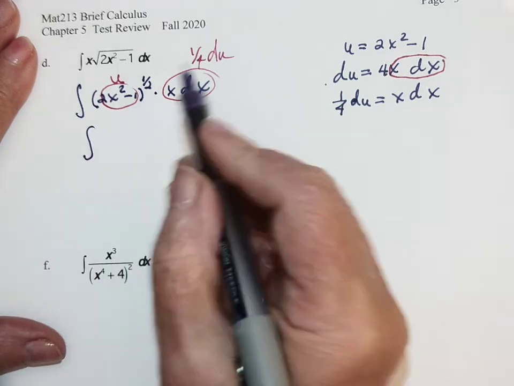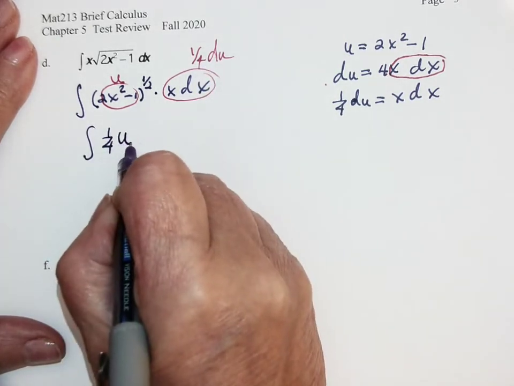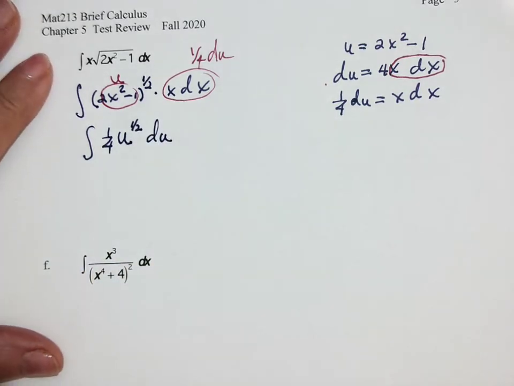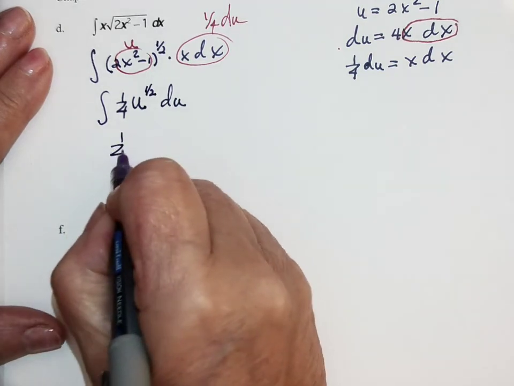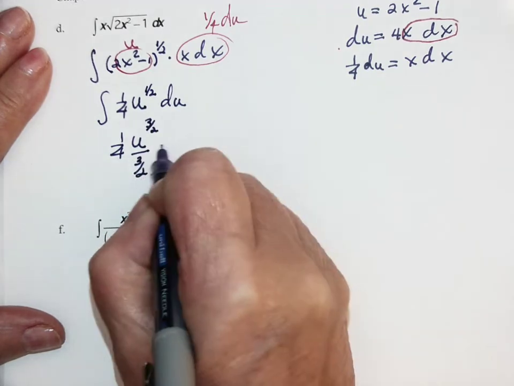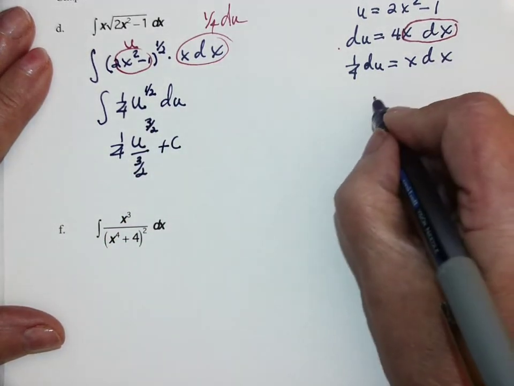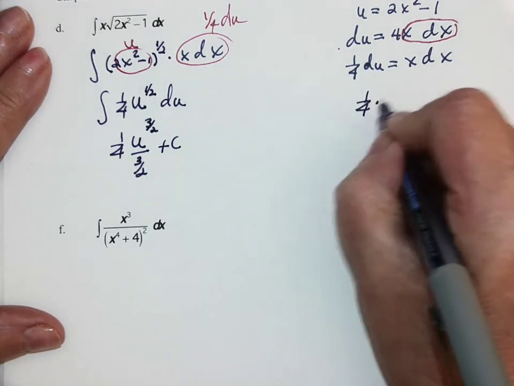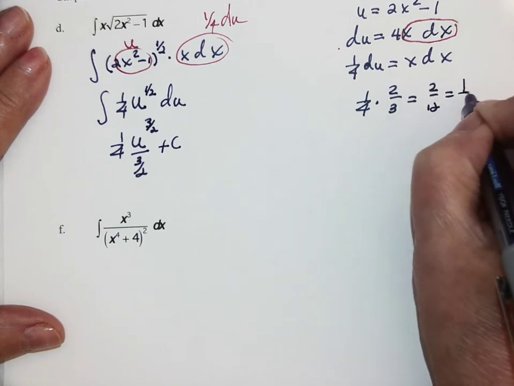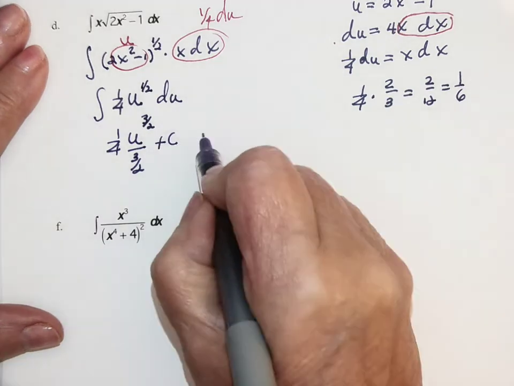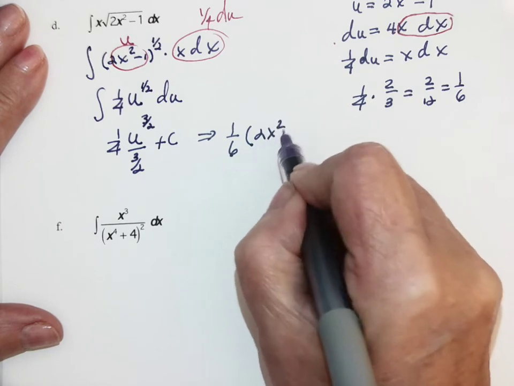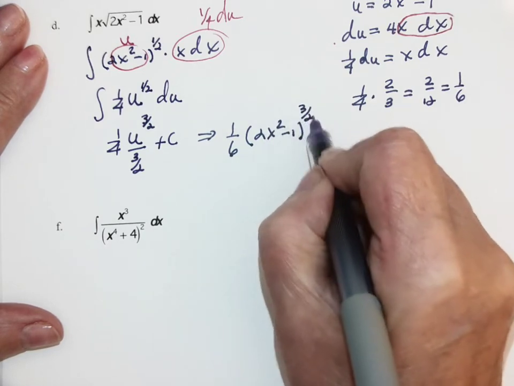So this becomes the integral of 1/4 u to the 1/2 du, which is 1/4 u to the add a half, 3/2 divided by 3/2 plus c. Now flip the 3/2 and it becomes 2/3. This is 2/12 or 1/6. So this becomes 1/6 times 2x squared minus 1 to the 3/2 plus c.